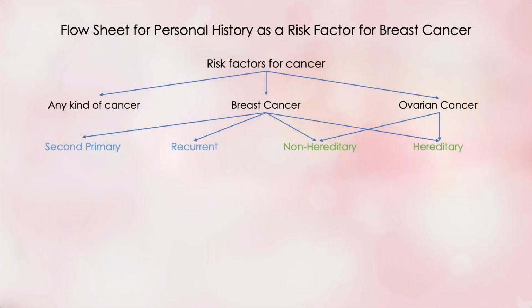So let's add this to our flow sheet. You can see that I've drawn two more lines emanating from breast cancer. And I've added color coding so that you can see the separation of hereditary versus non-hereditary breast cancer in green and second primary versus recurrent breast cancer in turquoise.